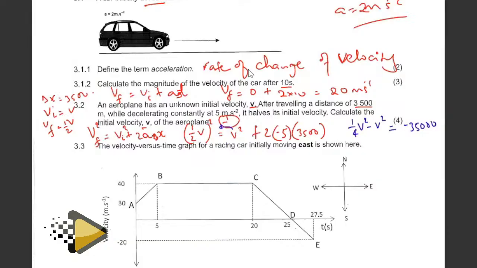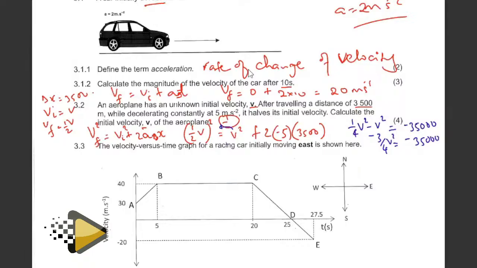Okay. Then if that is true, when I subtract that, that's going to be -3/4 V squared is equal to -35,000.